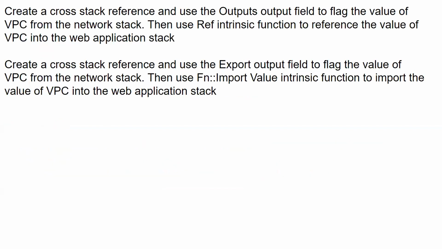Create a cross-stack reference and use the output field to flag the value of VPC from the network stack. Then use Ref intrinsic function to reference the value of the VPC into the web application stack. Create a cross-stack reference and use the export output field to flag the value of VPC from the network stack.